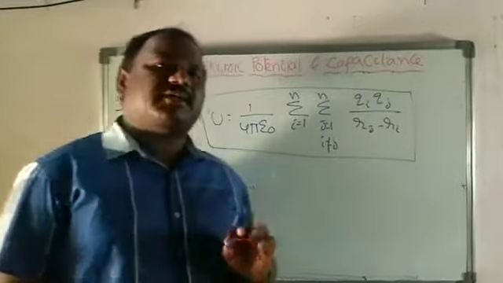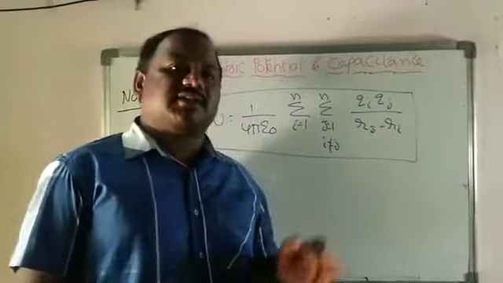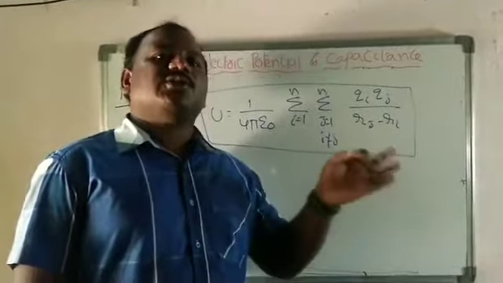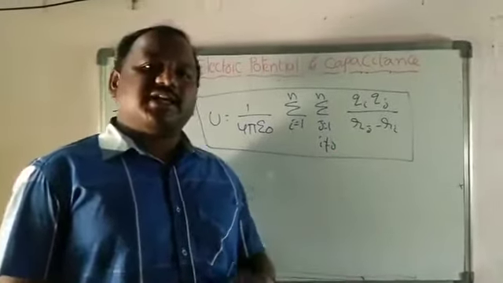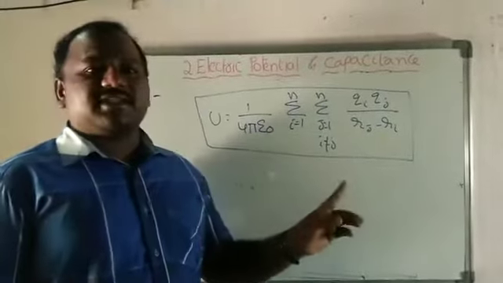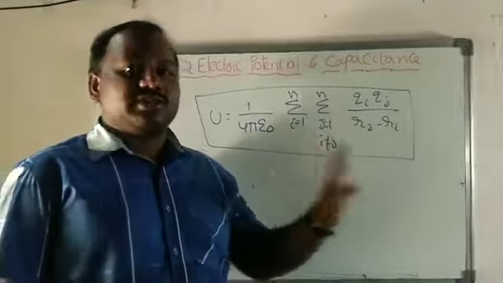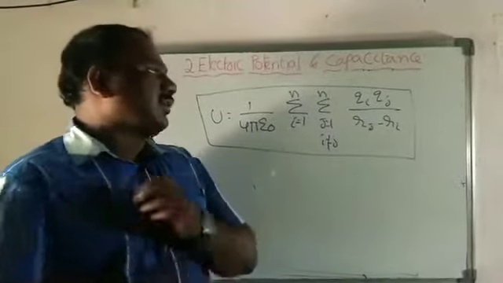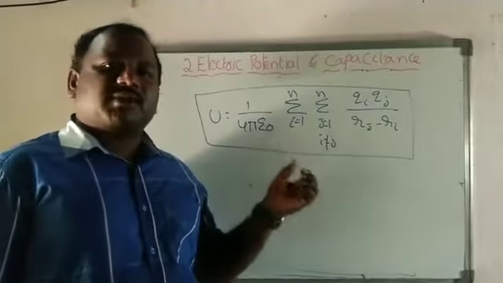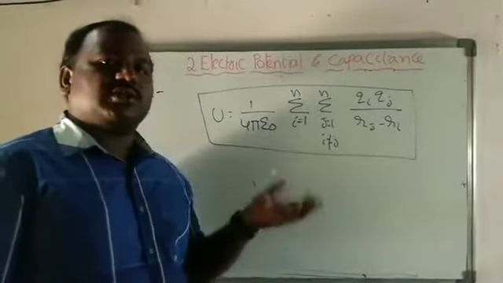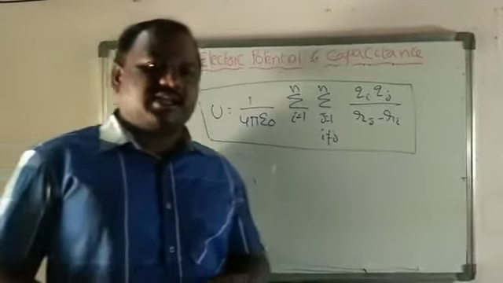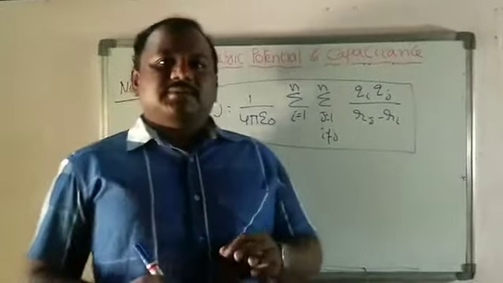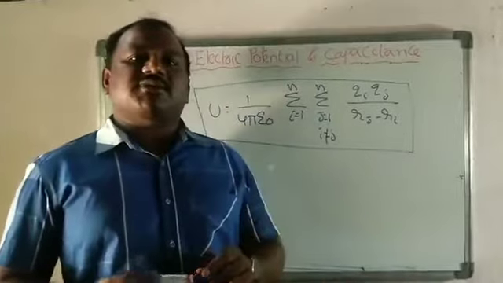Because in our derivations we are not observing q1 into q1, q2 into q2, q3 into q3. That is not possible. That's why we take i not equal to j. Like that we write the potential energy due to a system of n-point charges.